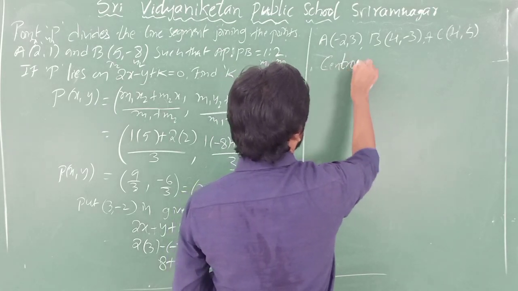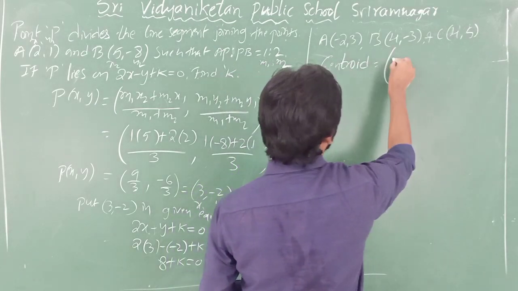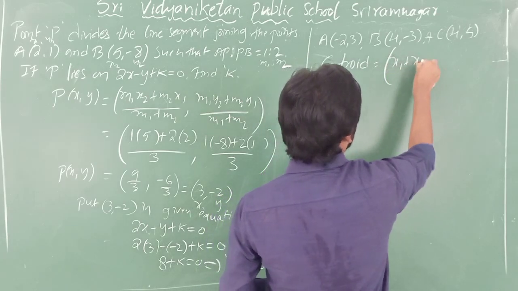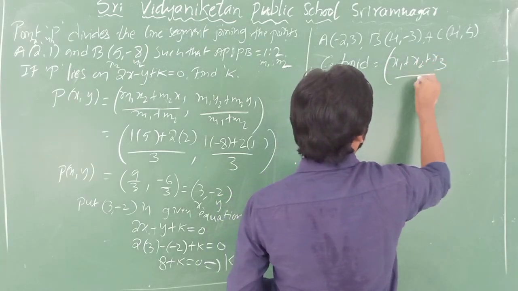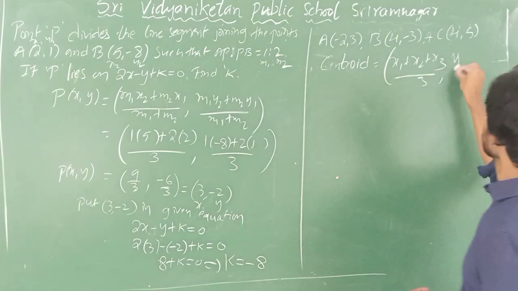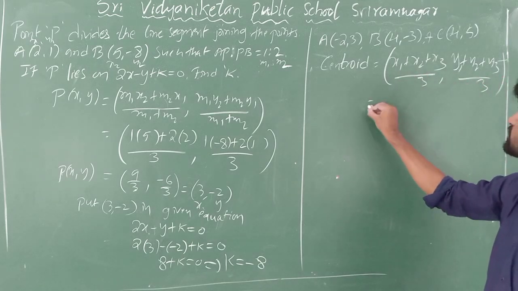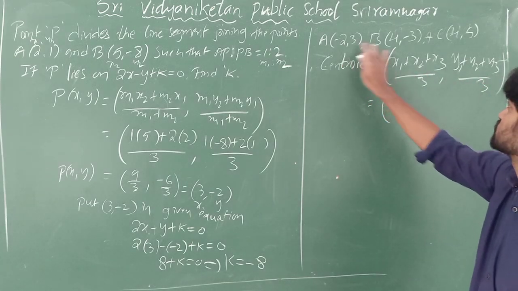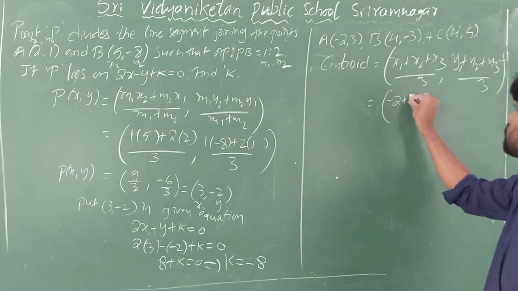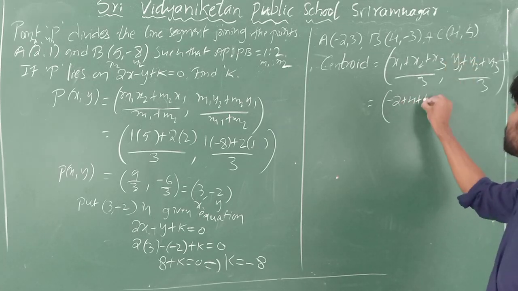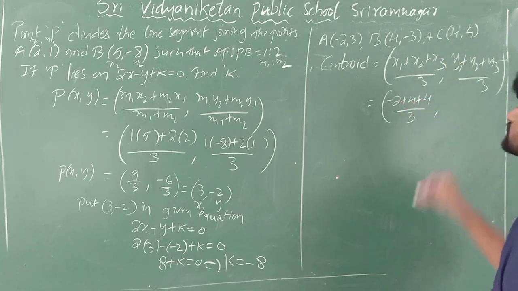Centroid formula, I think you know this, is (x1 plus x2 plus x3) by 3, (y1 plus y2 plus y3) by 3. So add all x coordinates: minus 2 plus 4 plus 4, divided by 3.